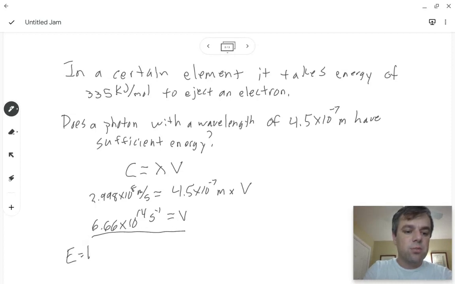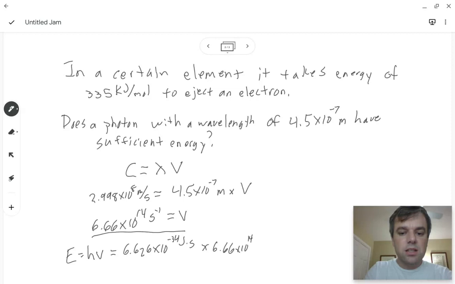Energy equals Planck's constant times the frequency. Planck's constant is 6.626 times 10 to the negative 34th joule seconds times our 6.66 times 10 to the 14th hertz, or inverse seconds.